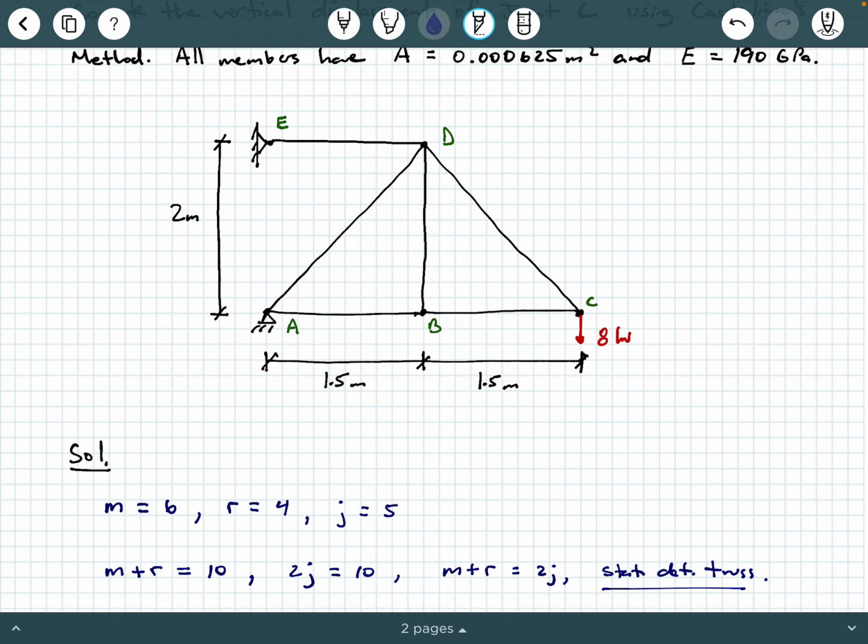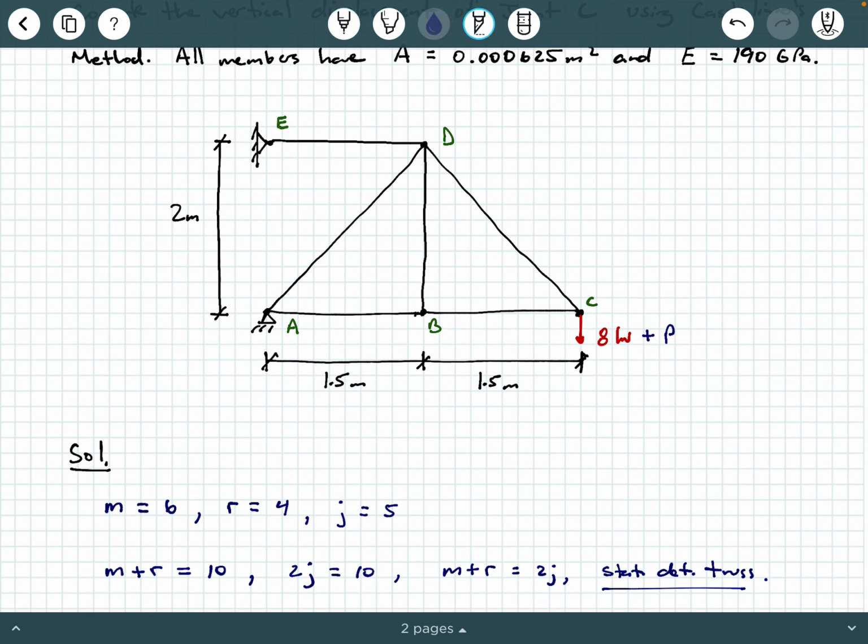If you look at the real load, this 8 kilonewtons, it's pointing down. So that should tell us that the expected direction of displacement of joint C is down. So I'm going to say plus P here.